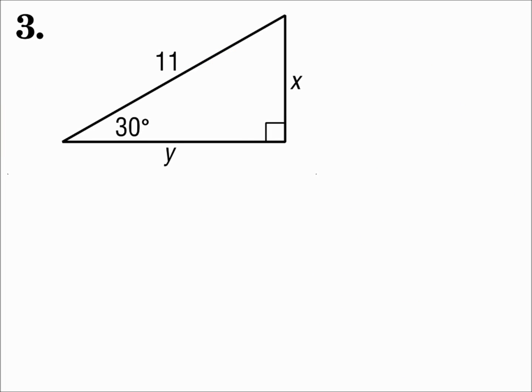Number 3. Here we have a 30, 60, 90 triangle. The hypotenuse is 11. The short leg is x, and the long leg is y. We need to find the short leg first.